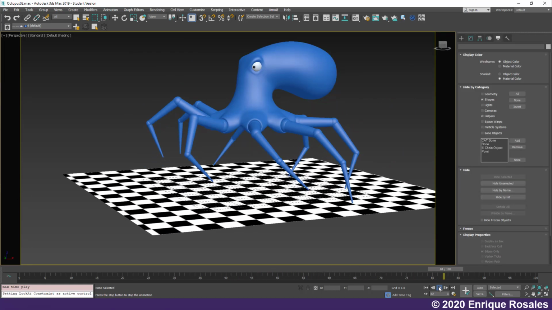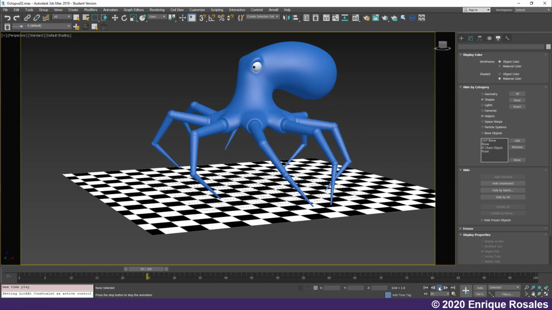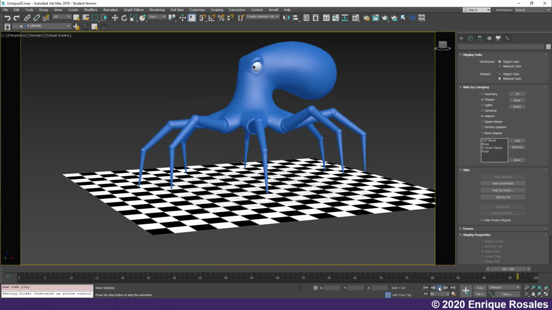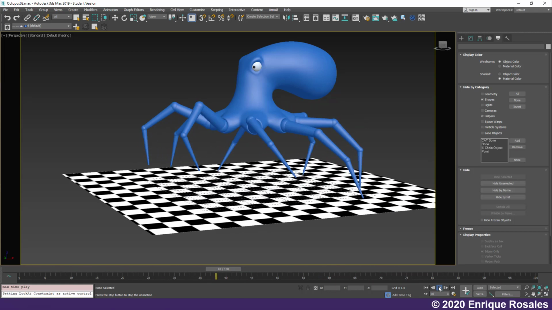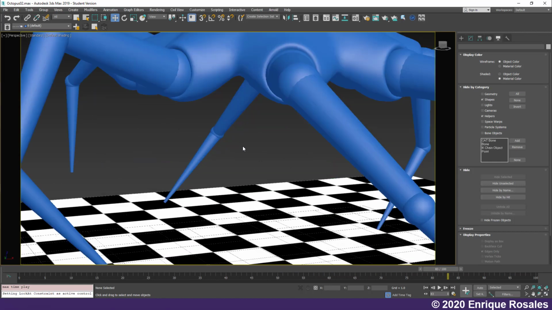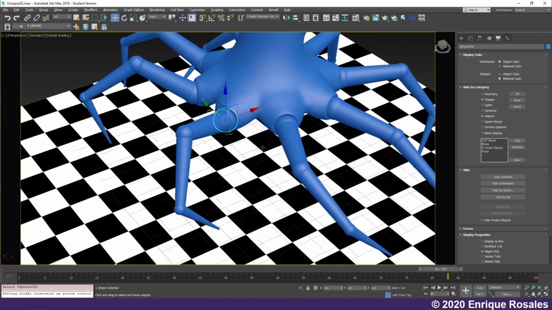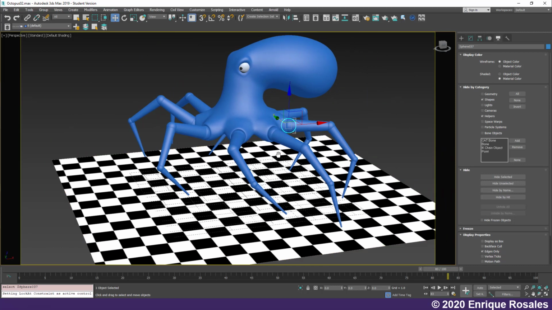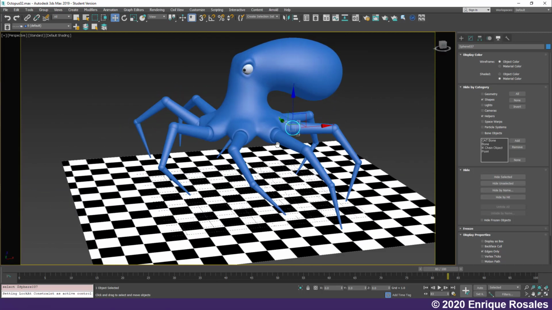So the only thing that we need to add is basically a movement for the body, right? So what is happening there? It turns out that the origin of your kinematic chain, in this case, is this sphere right here. These spheres are basically the origin of each kinematic chain, and their parent is the octopus body.